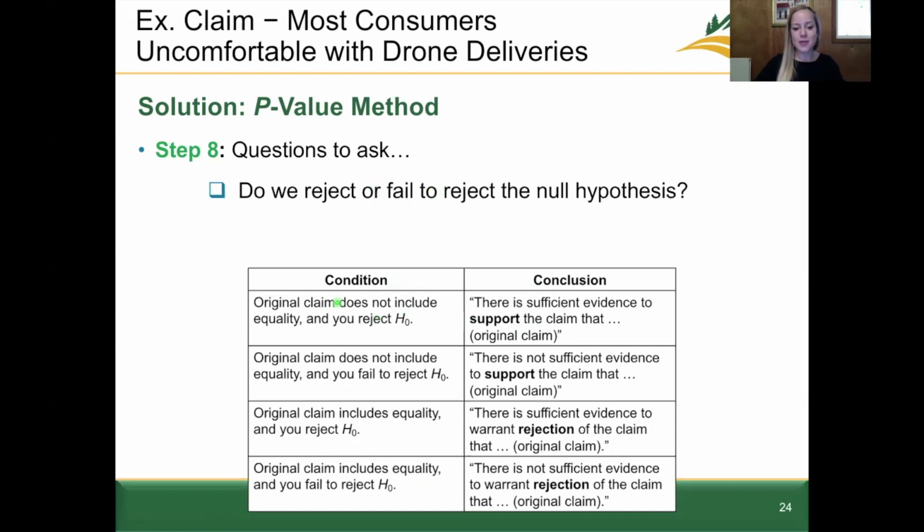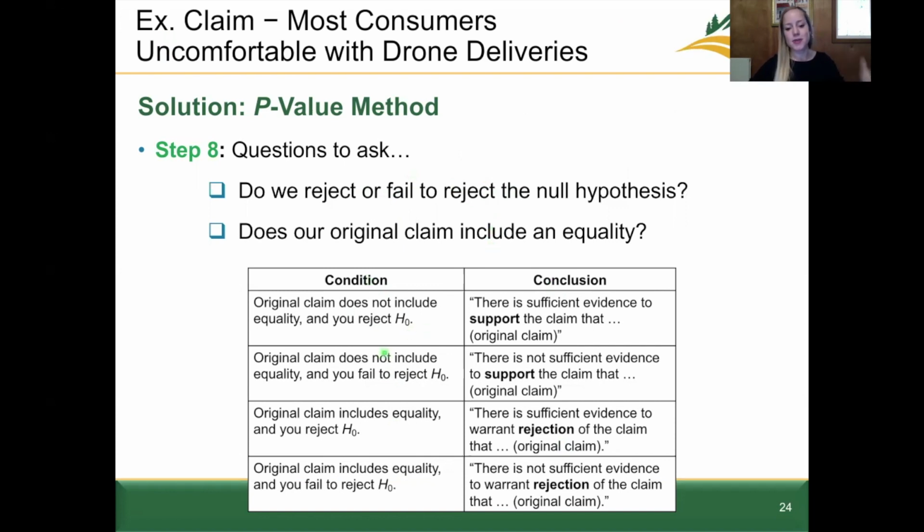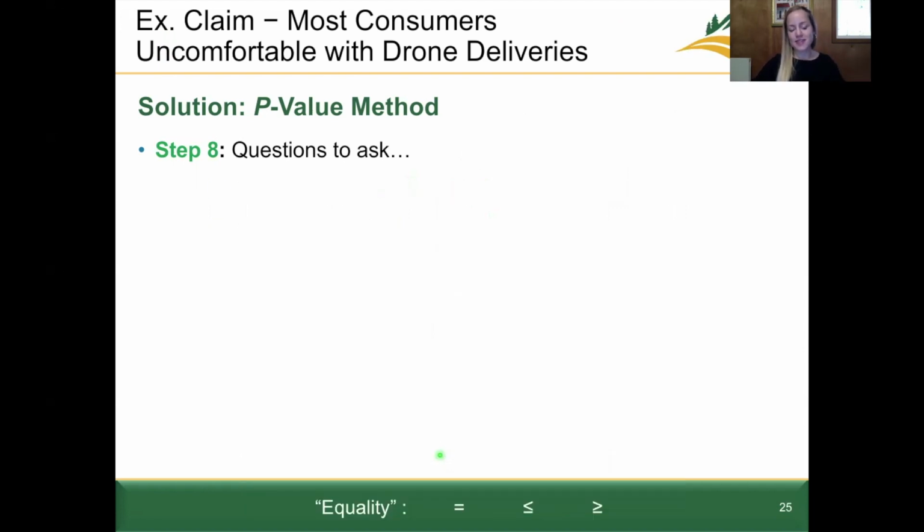Well, we can see here with the conditions, we either reject the null hypothesis or we fail to reject the null hypothesis. So when we answer this, we'll be closer to figuring out what conditions we're under. Then once we ask, does our original claim include inequality? Then we'll be able to narrow it down to just one of these conditions. Let's answer these questions now.